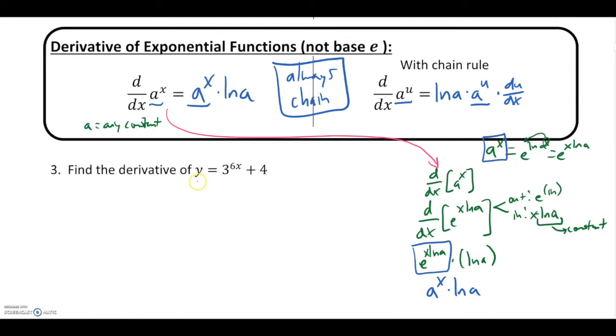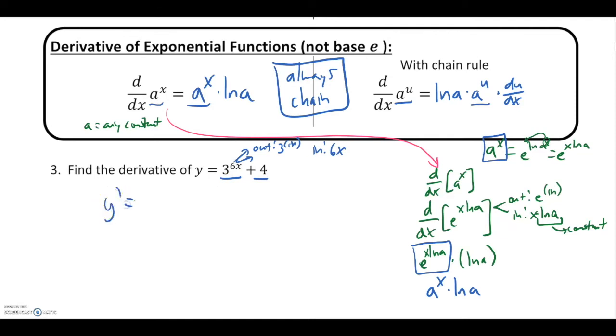So let's say we want to find the derivative of y equals 3 to the 6x plus 4. Notice how we have outside is 3 to some power, and the inside is 6x plus 4. Also notice it's 2 separate derivatives we're going to be working with.